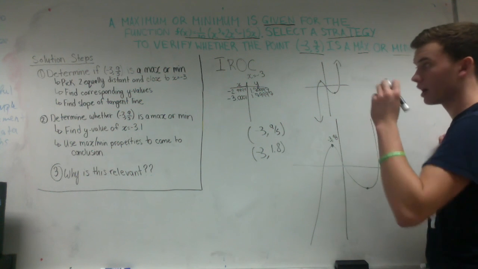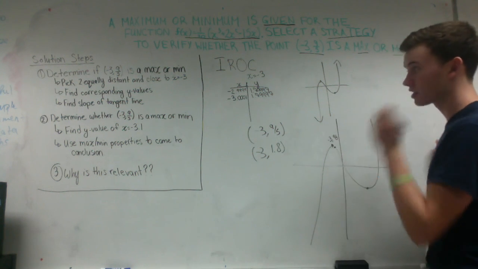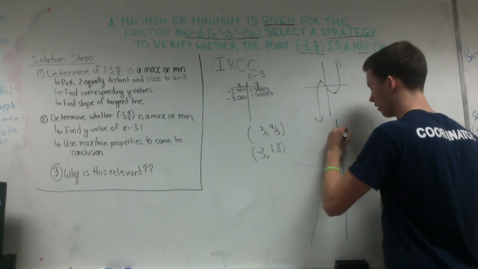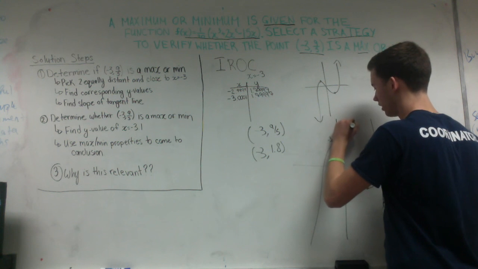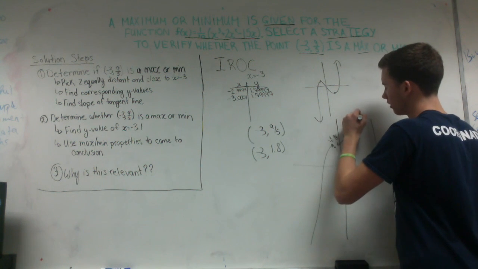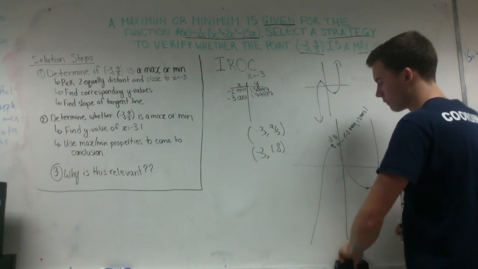It can only go up. So in order for our y value to go down, negative 3, 9 over 5 must be a maximum, because now we have the point here of negative 2.9999 and 1.79997. That tells us that it is indeed a max.